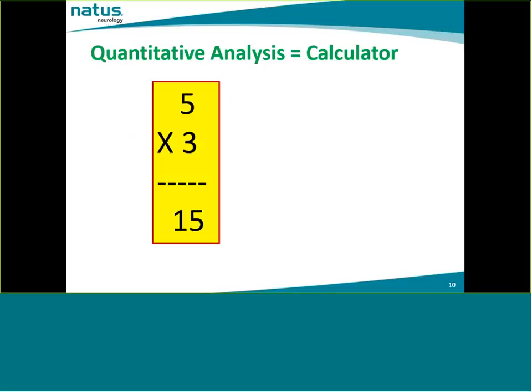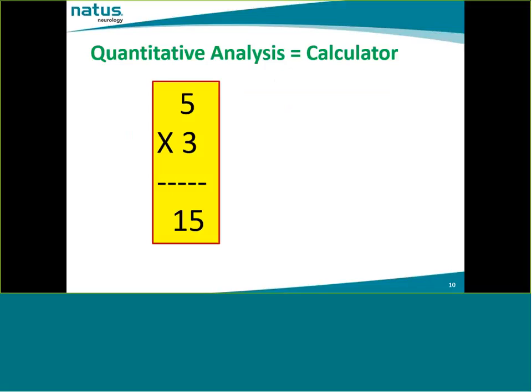So quantitative analysis is more intense. It involves more work, but it is not as much work as we think. My analogy would be to use a calculator. If you had a simple problem, multiply 5 by 3, you don't need a calculator. You can do it on top of your head.